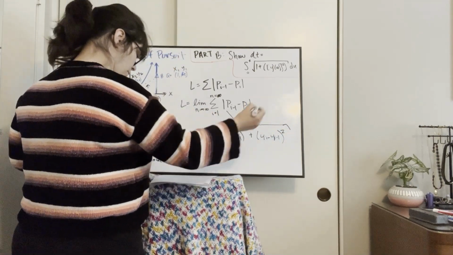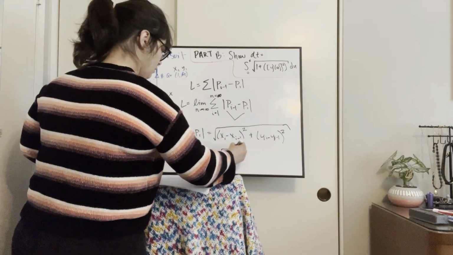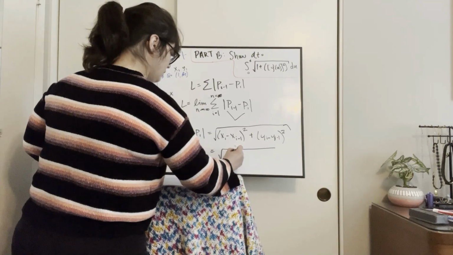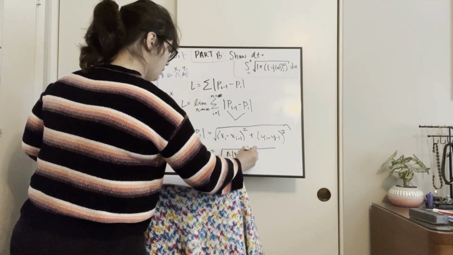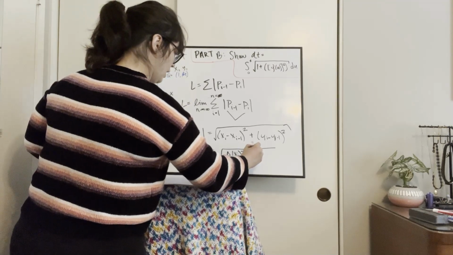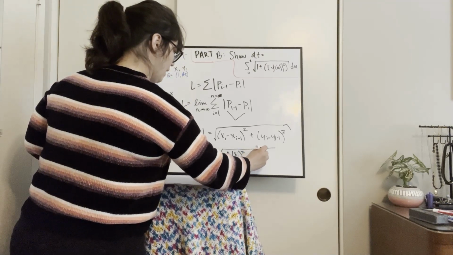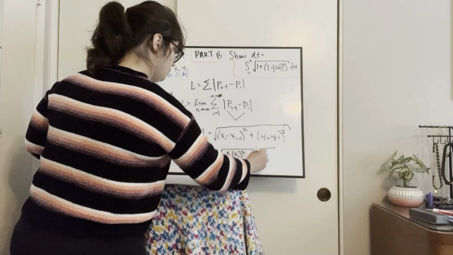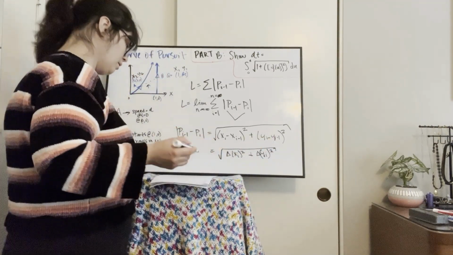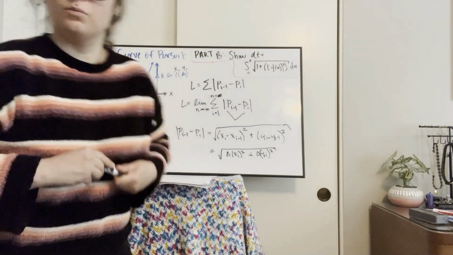And that's going to equal the square root of the change in x sub i squared plus the change in y sub i squared. Okay, and from here, I do need to erase the board, so just give me a second.